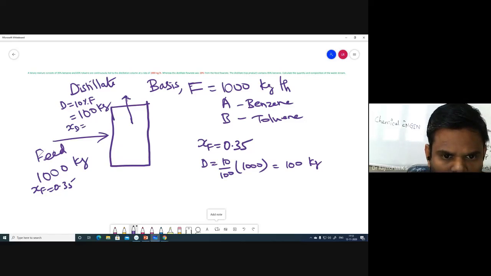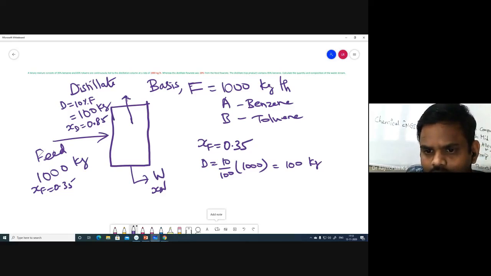So XD is 0.85. The question is, what is W, what is XW, right? So that is the question. How do we solve it? We have first written the basis, what is A, what is B.